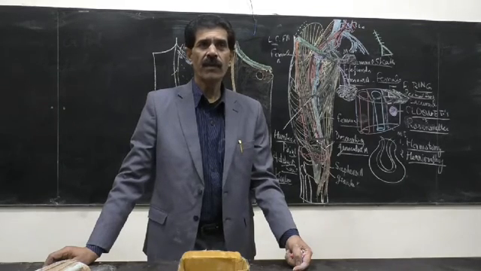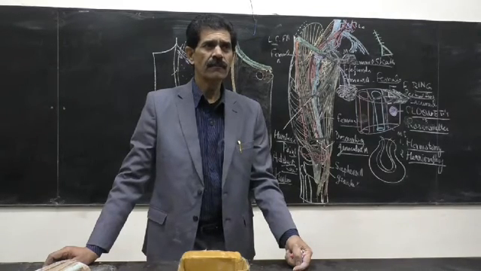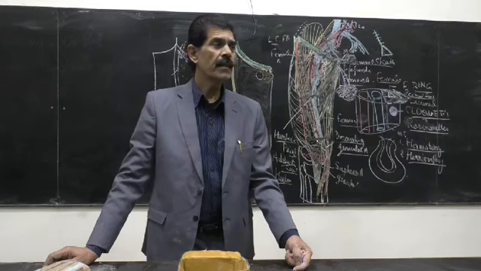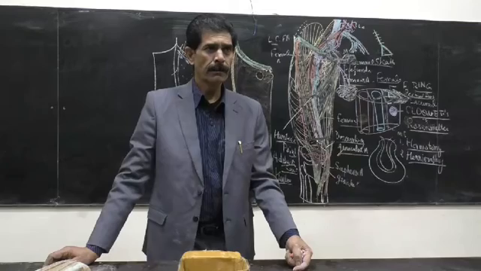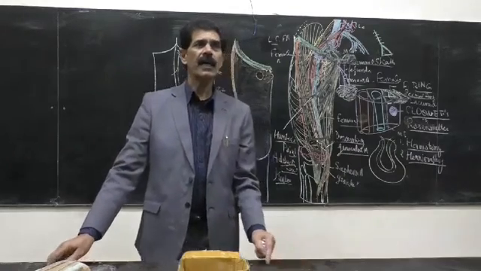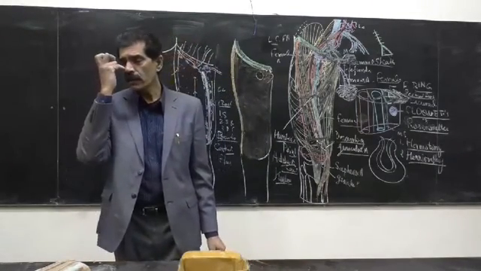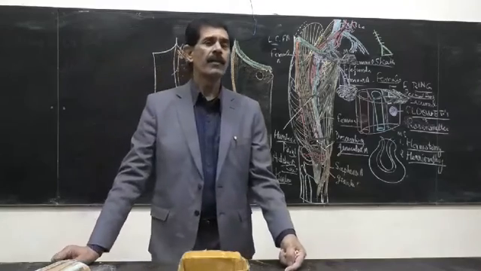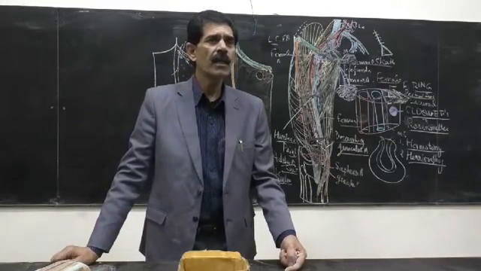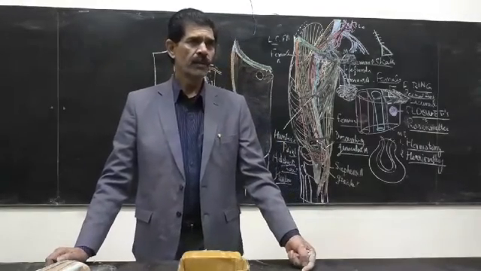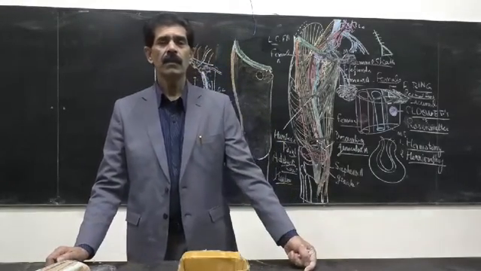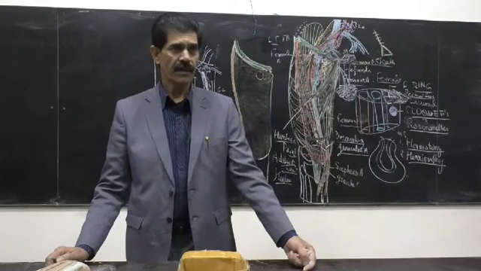And two nerves: one is the saphenous nerve, and another is the nerve to vastus medialis. So they are the two nerves and two vessels. You have to remember, you have to write down. Profunda femoris artery and vein are not contents because they lie behind the adductor longus. Only two vessels and two nerves are there.